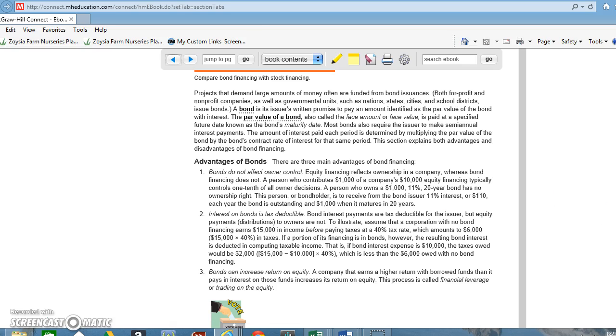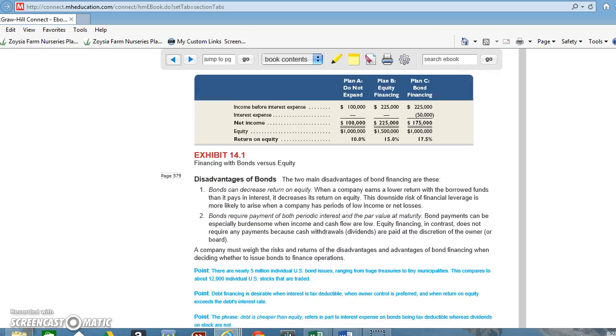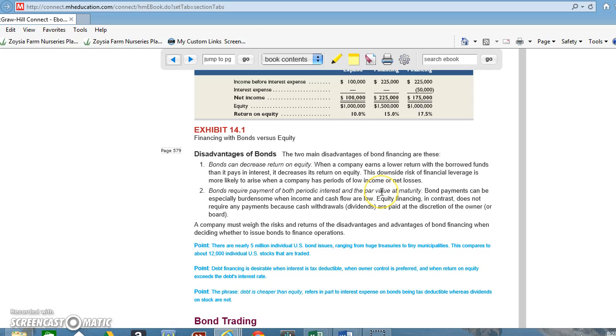So be sure to give all this a very good comprehensive read so you know what's going on here. On 579 there's some disadvantage of bonds, so keep that in mind and compare that to what we learned in the previous chapter on corporations and what we learned about their stocks and whatnot.